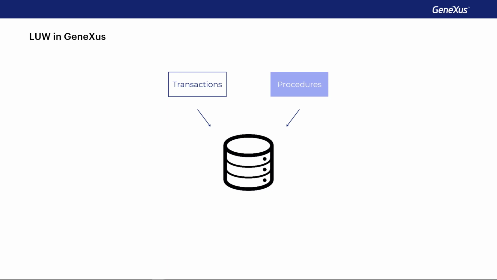Transactions and procedures are the Genexus objects created to update the information in the database. For this reason, Genexus writes the commit command when it generates the programs in the language that has been defined. Where? In the transaction object, at the end of each instance, immediately before the rules with after complete trigger event.